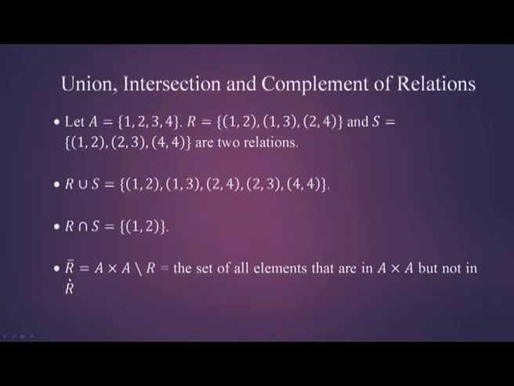And if we would like to know the complementation, we will have to take the set theoretic minus, in short a set minus. So, we have to take the whole Cartesian product of A and take the set minus R, that is the set of all elements that are in A cross A but not in R, and then we will get the relation R bar.